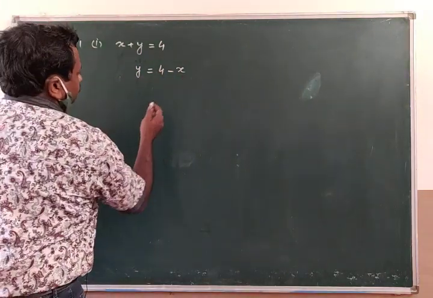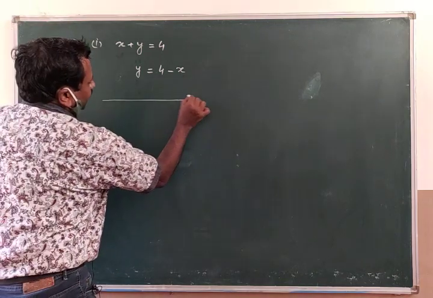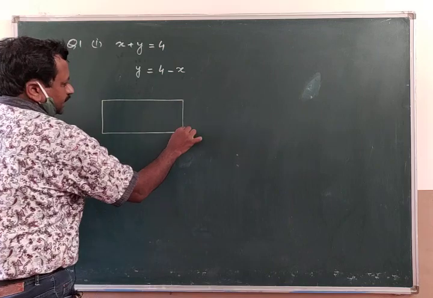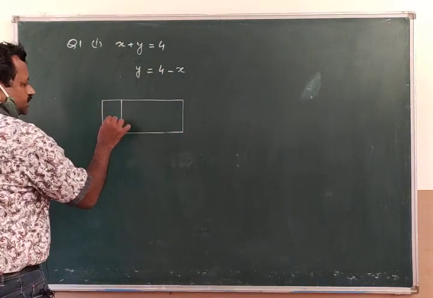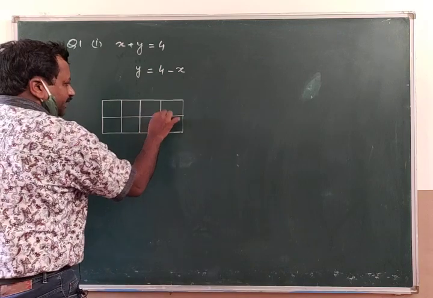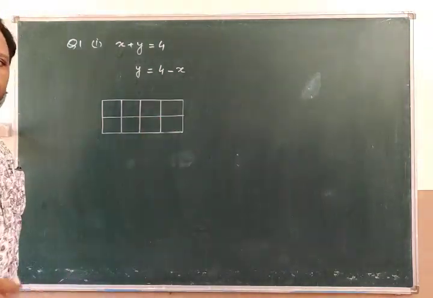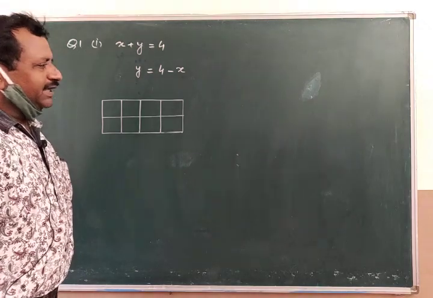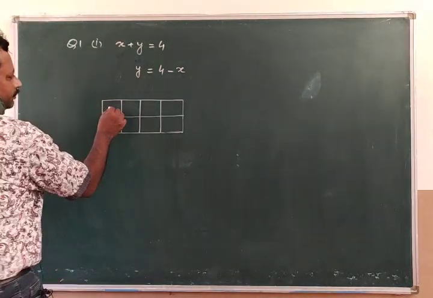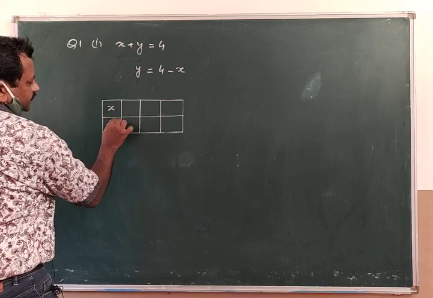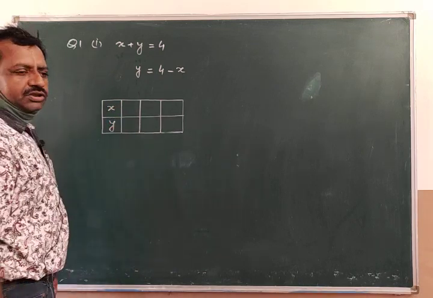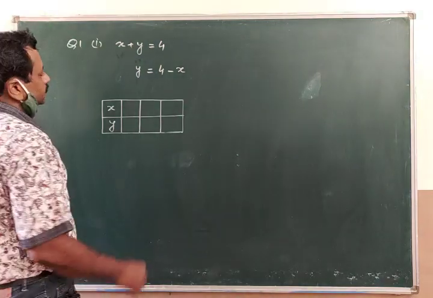So put any value and find out three solutions. At least three solutions are required, even though you can make the graph with two solutions also, but that will not be considered perfect. Better you take three solutions, and why three solutions, I will give the reason later on.